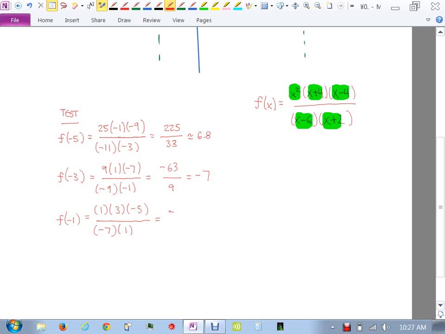So -15 over -7, which is approximately 2 point something. What's 1/7? Okay, so 2.14.